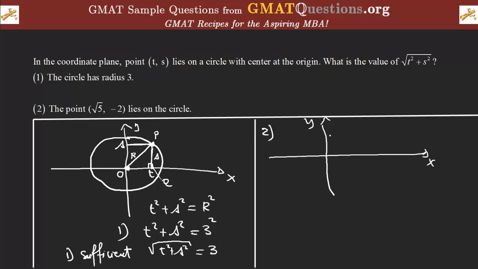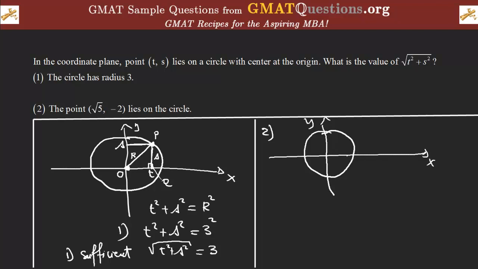XY here, and we have a circle, maybe something like this, okay? And we're going to put the point root 5, negative 2 on the circle. Root 5 is about 2.2, really roughly 2.2. So this is the x coordinate.